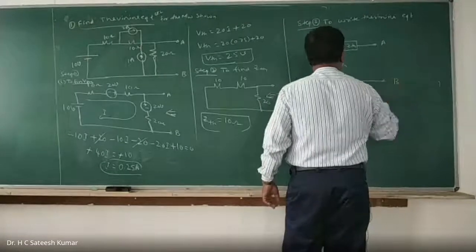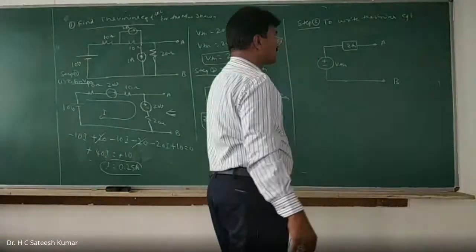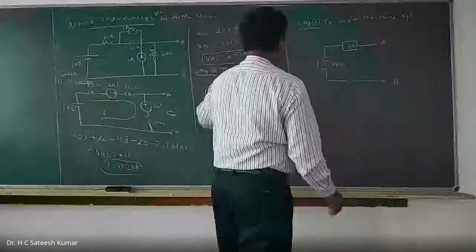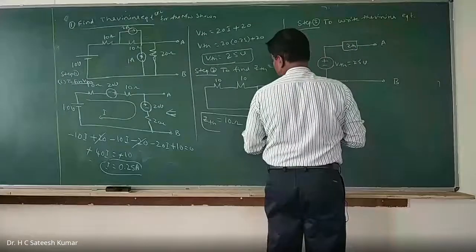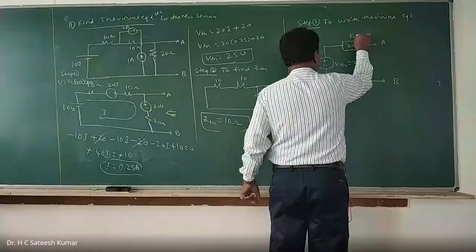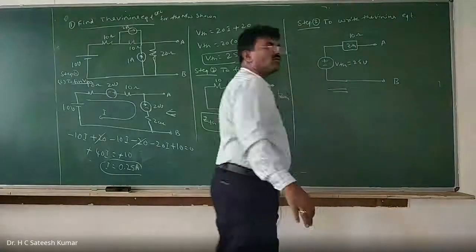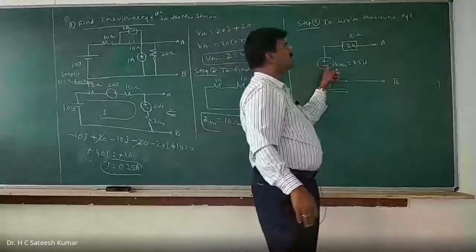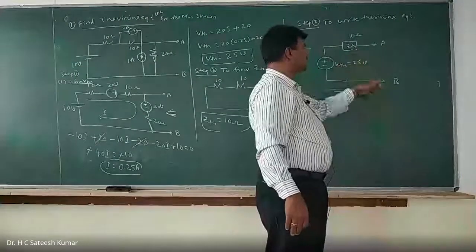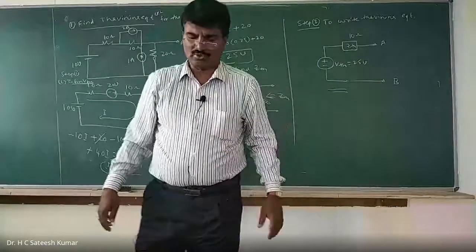This is Thevenin's equivalent circuit. VTH is equal to 25 volts, and ZTH is equal to 10 ohms. That's all. This is the Thevenin's equivalent circuit. A complicated circuit is replaced by a voltage source in series with an impedance ZTH. That's the meaning of it, right? That's how we should do it.